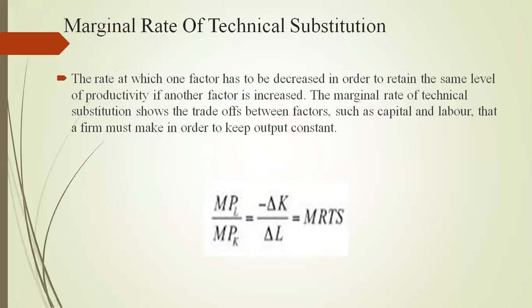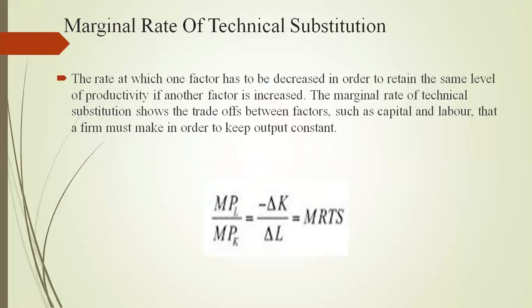So we need to increase the capital here. You see that we can't compromise on our output of 100. But what we are doing is, when we decrease one factor of production, we need to increase the other factor of production to compensate for the loss when one or two laborers are going.